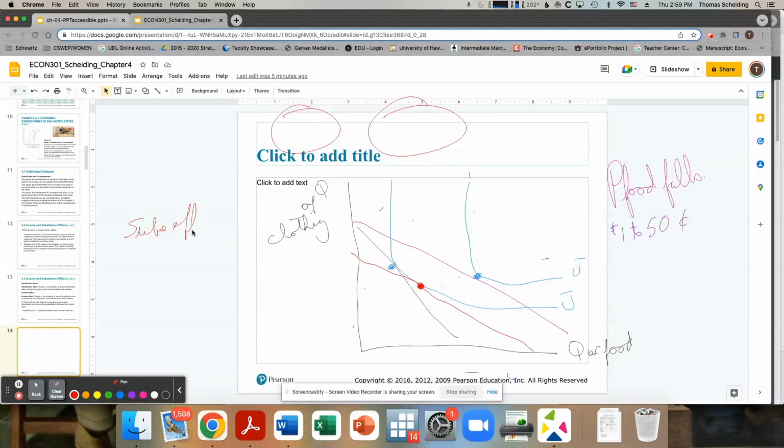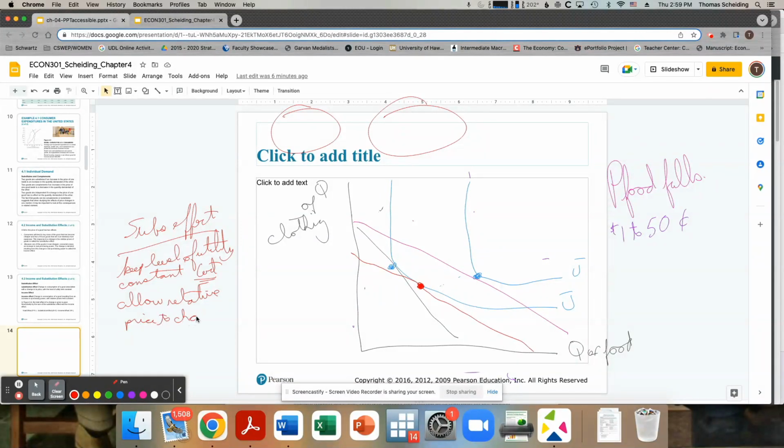Substitution effect: keep level of utility constant, but allow the relative price ratio to change.